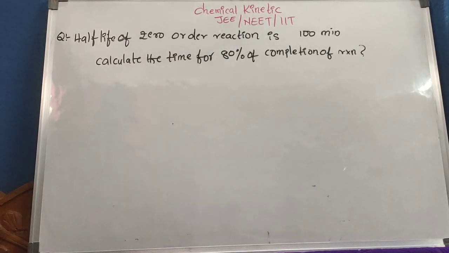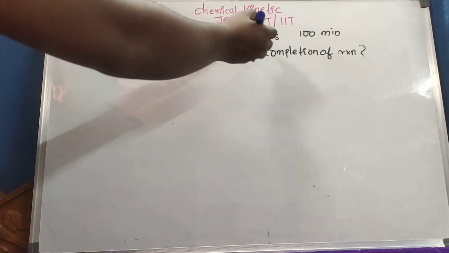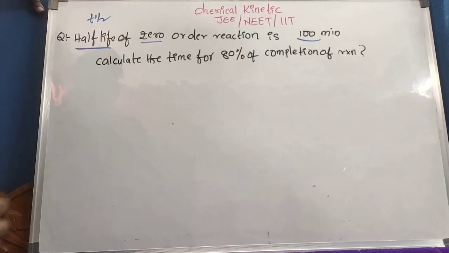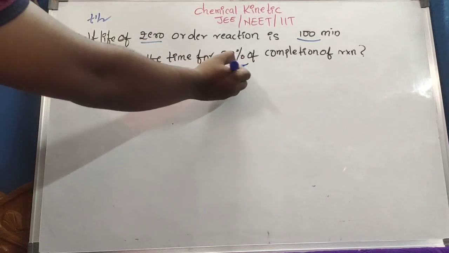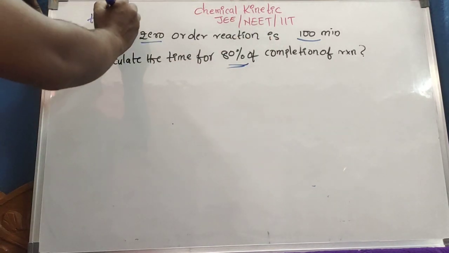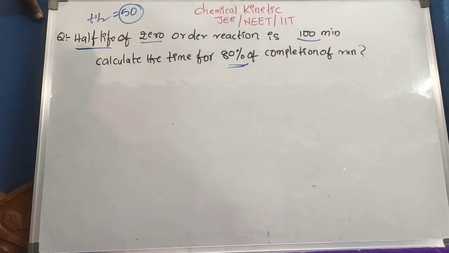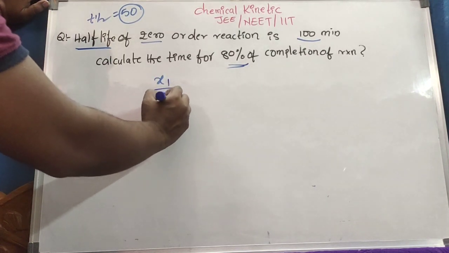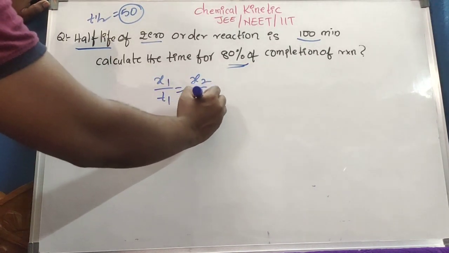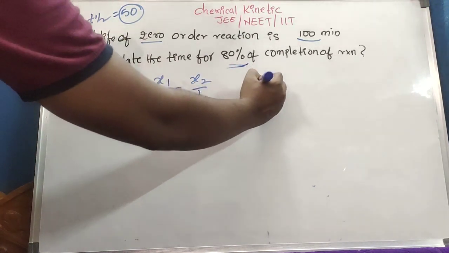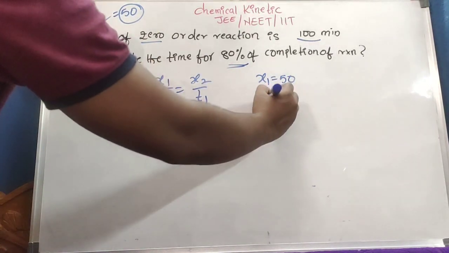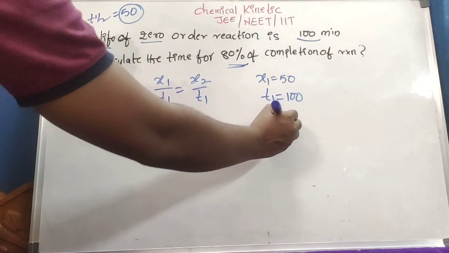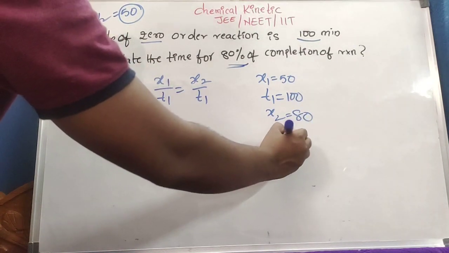Next question: the half-life of a zero order reaction is 100 minutes. Half-life, that means t1/2. Calculate the time for 80% completion of the reaction. So t1/2 means here it is 50. Again the same formula, x1 by t1 equals x2 by t2. x1 equals 50, t1 equals 100, and x2 equals 80, and what is t2?